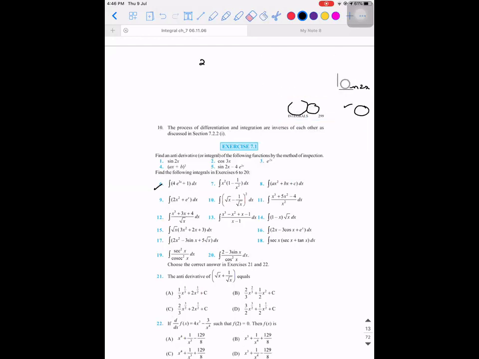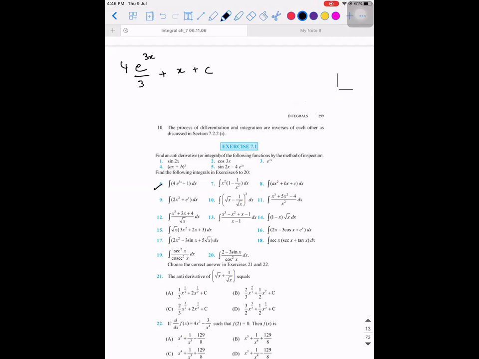Sir, is it 4 e power 3x by 3 plus c? You forgot x. See, 4 into integral of e power 3x is e power 3x by 3, plus integral of 1 into dx is x, plus c.